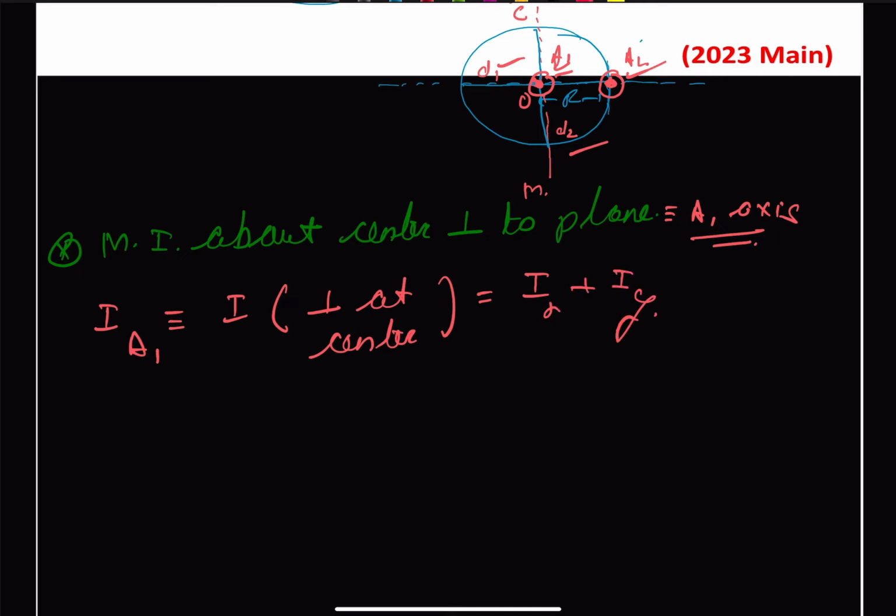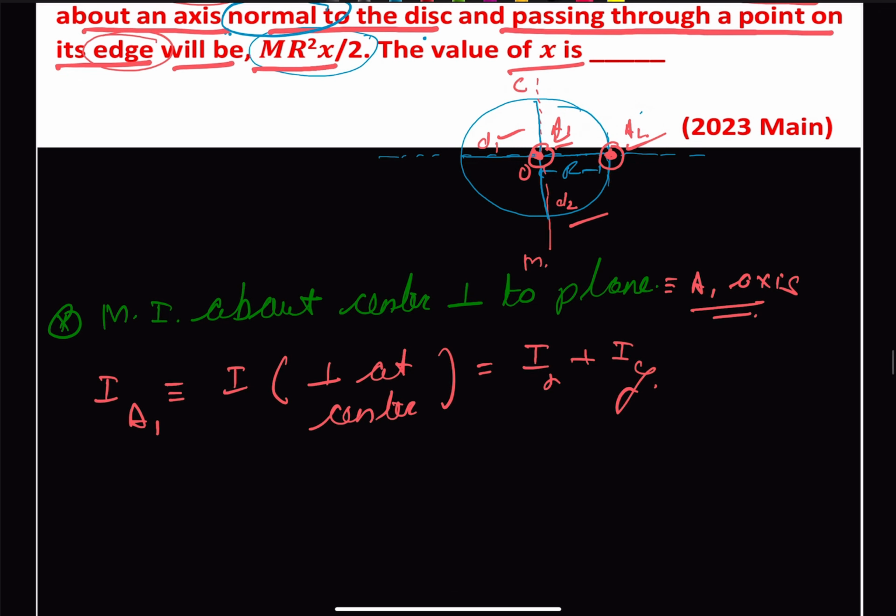In this case this will be our Iy and this will be our Ix. Ix is the representation of our D1 and Iy is the representation of our D2, with respect to diameter.